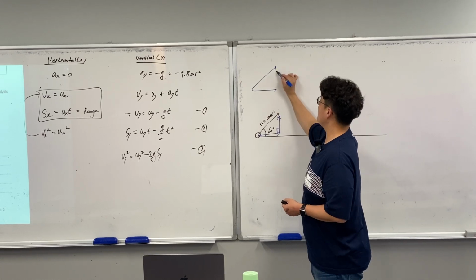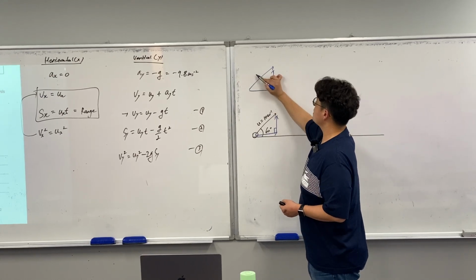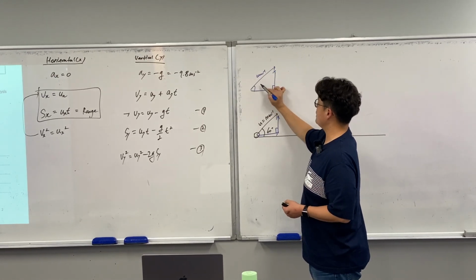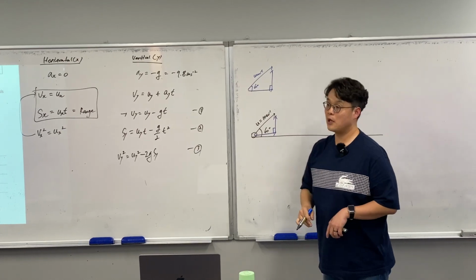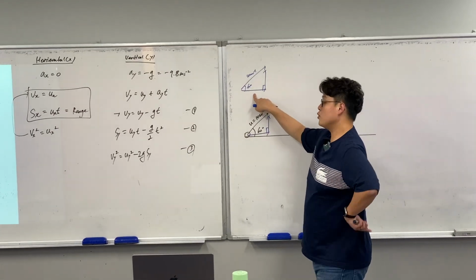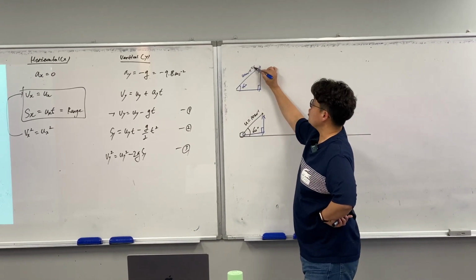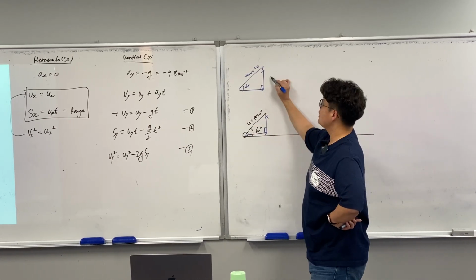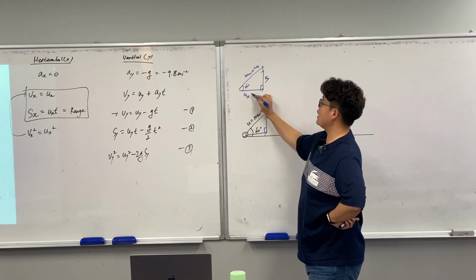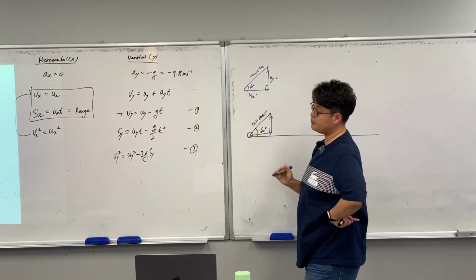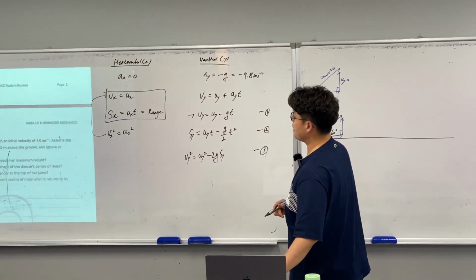We have 10 meters per second there, and that's giving the 60 degree value here. Then this vector is for the horizontal, that is for the vertical. So this is uy, and there's a ux value here.